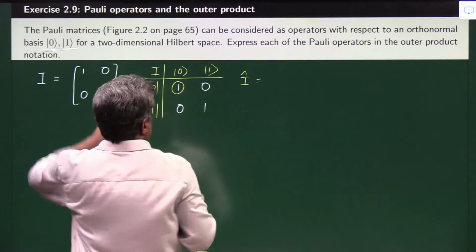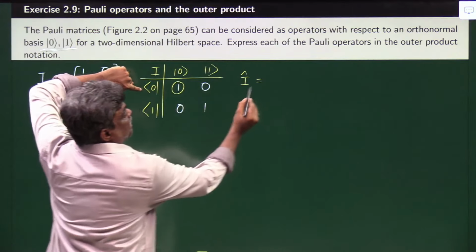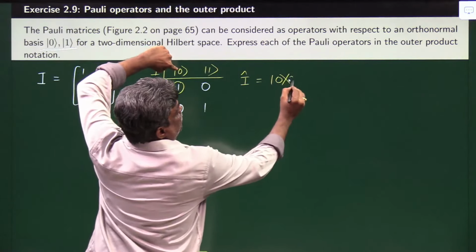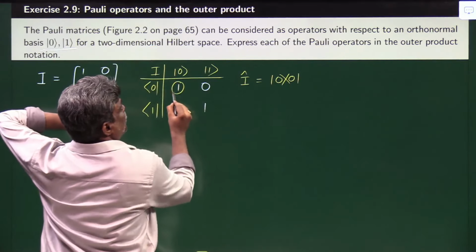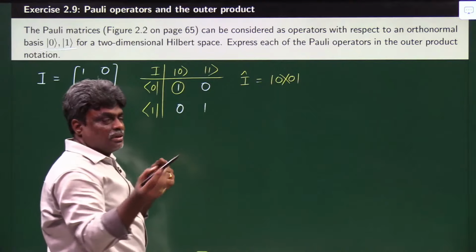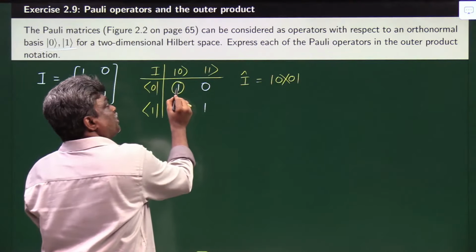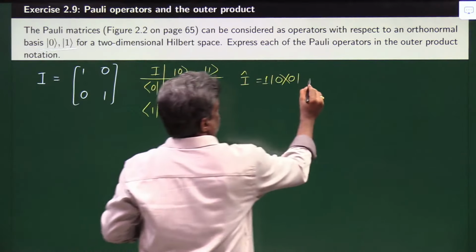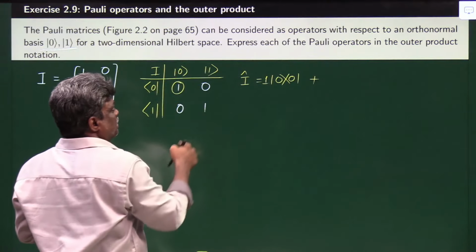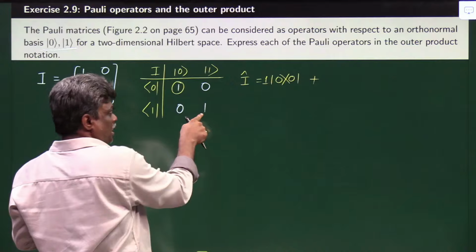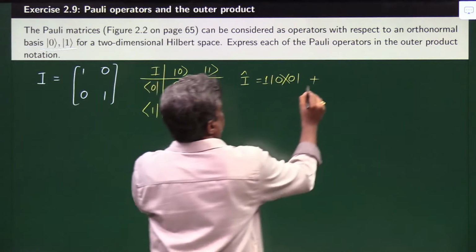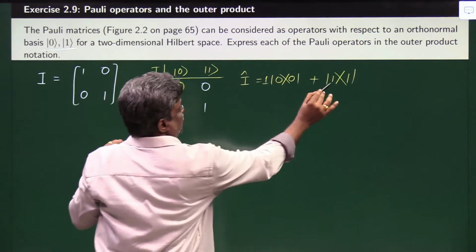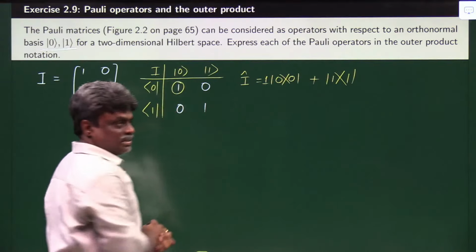So just make this bra vector a ket vector and this ket vector a bra vector, and whatever non-zero coefficient you have, just take it and write it here, plus the next term. Of course these other terms won't appear because of the zeros, and here we have 1. Again, make this bra vector a ket vector and this ket vector a bra vector.